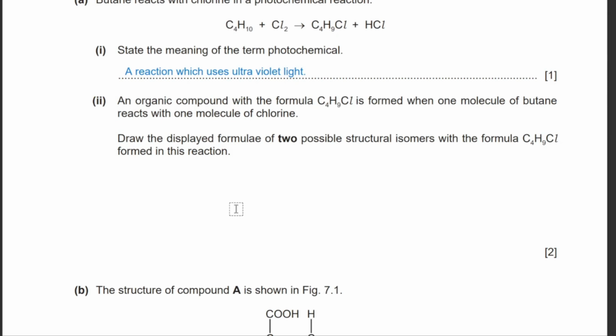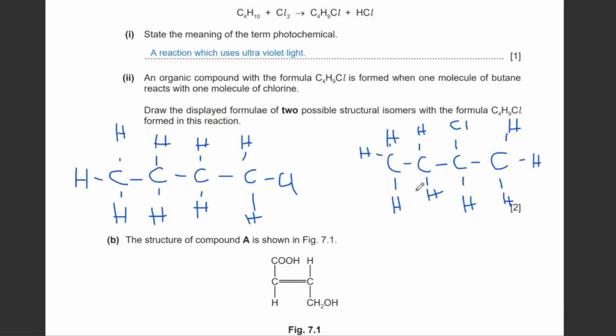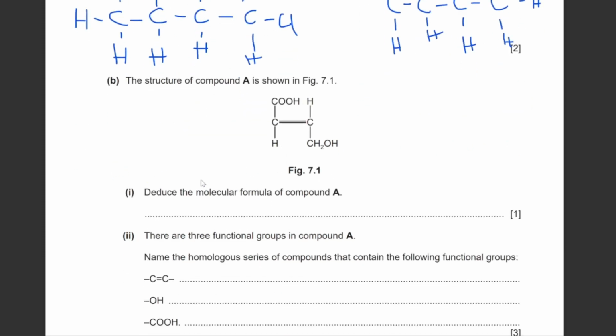Draw the displayed formulae of 2 possible structural isomers with the formula C4H9Cl formed in this reaction. Alright, so there we go. Those are the possible formulae of 2 structural isomers. We basically just changed the chlorine atom from the first carbon to the second carbon, right?